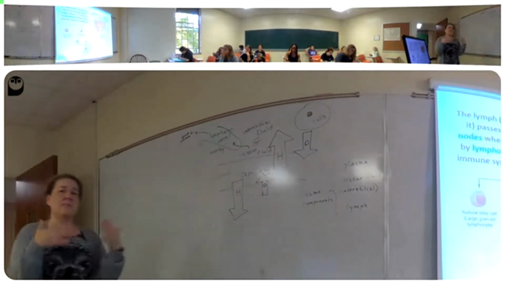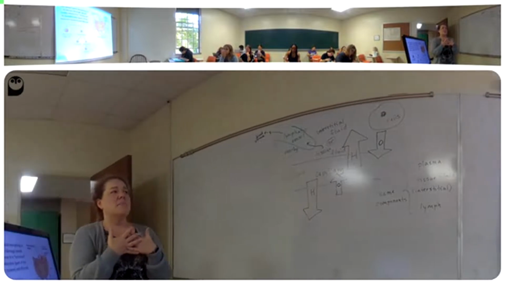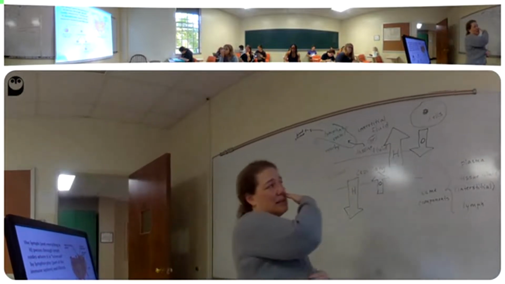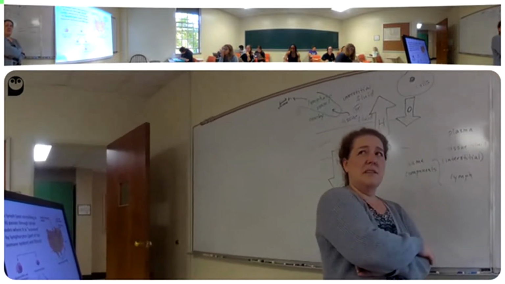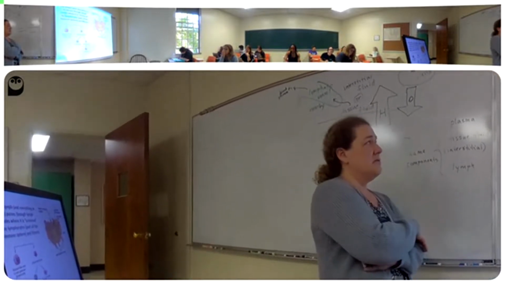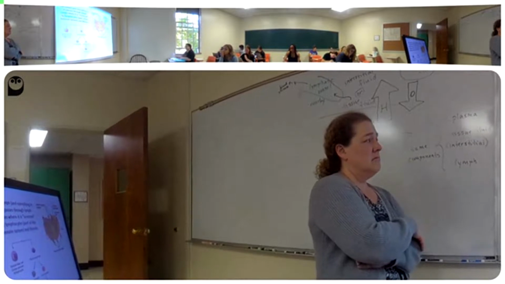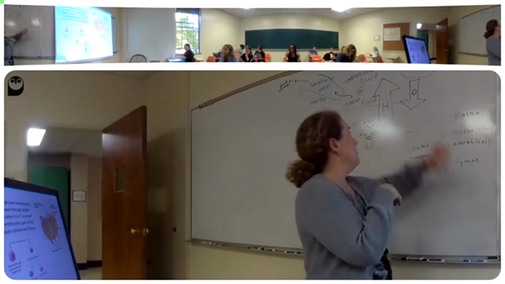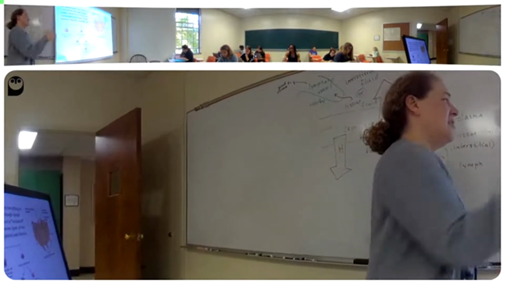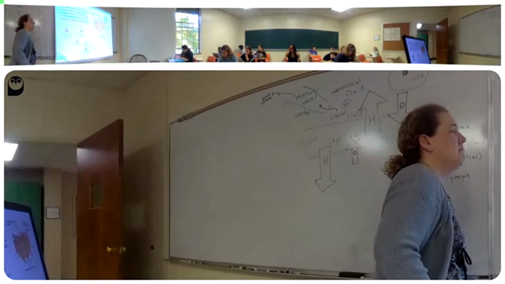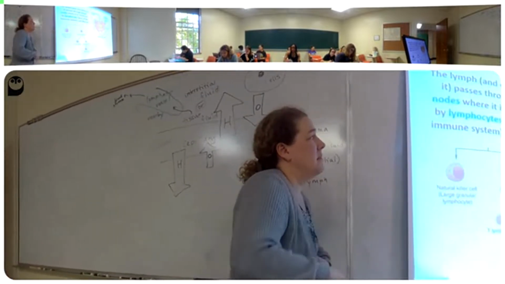So the lymph is basically plasma, but by the time it gets into the lymphatic system, it could have other stuff in it that got in there from the tissues. It could pick up foreign objects when it was in the tissues that also make it into the lymphatic system.